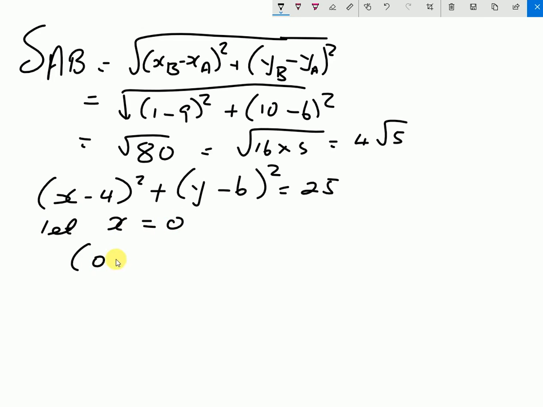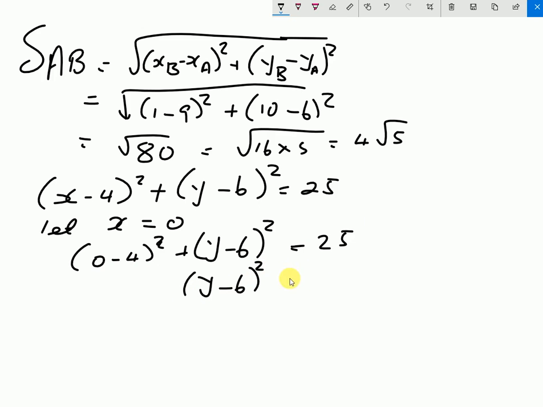This will be 0 minus 4 squared, all right, plus (y minus 6) squared equals 25. How much is the 16? You take the 16 to that side, (y minus 6) all squared equals 25 minus 16. How much is 25 minus 16? It is 9. (y minus 6) squared.